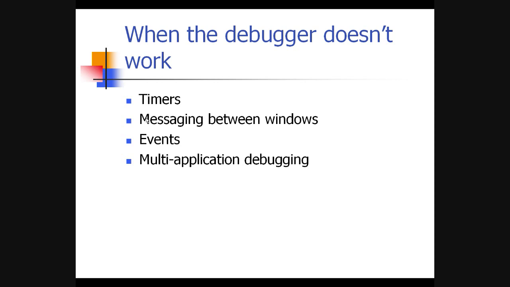Then you have the problem of multi-application debugging. Okay, what is that? That is a strange case that hopefully will never happen to you. It's when you need two or more applications to work on the same process at the same time.